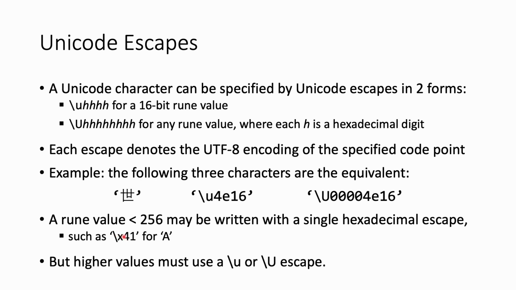And so here the hexadecimal value of 41 is the ASCII code for the character capital A. Note that the ASCII code for capital A is 65, if I remember correctly. And when you convert 65 to hexadecimal, it is 41. Right? But note that the higher values must be represented with a backslash little u or backslash capital U escape.